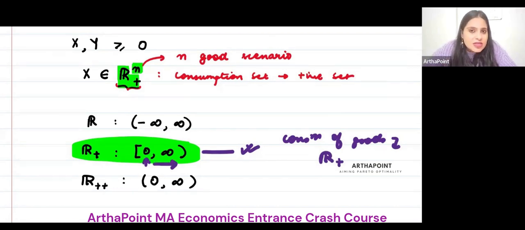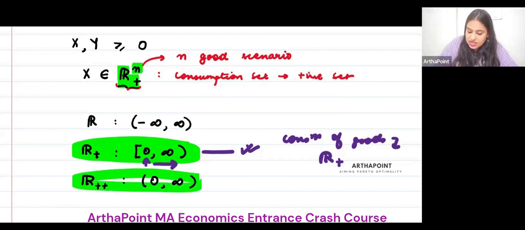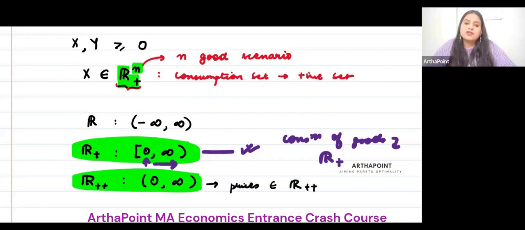But can prices be 0? No. Prices always are positive. Prices cannot even be 0. You can't give things for free. So when it comes to prices, it will be in the R plus plus space, not even in the R plus space. So we can say that prices will usually belong to R plus plus space.